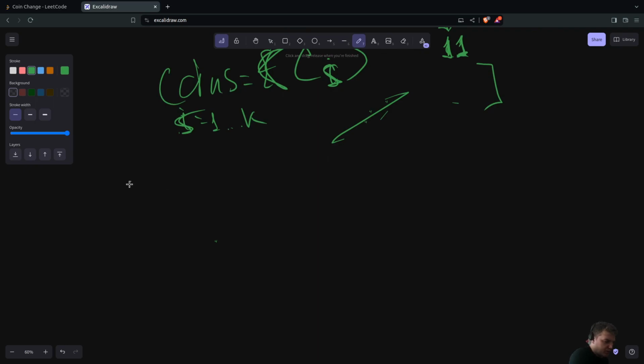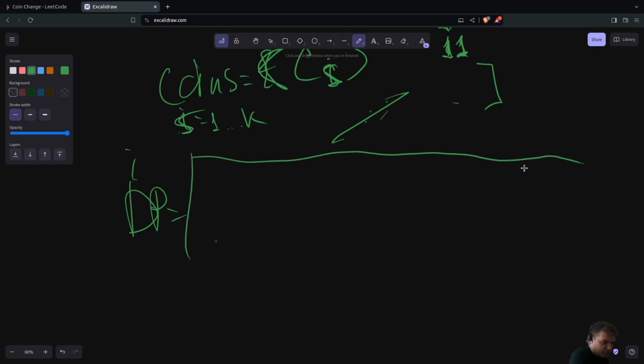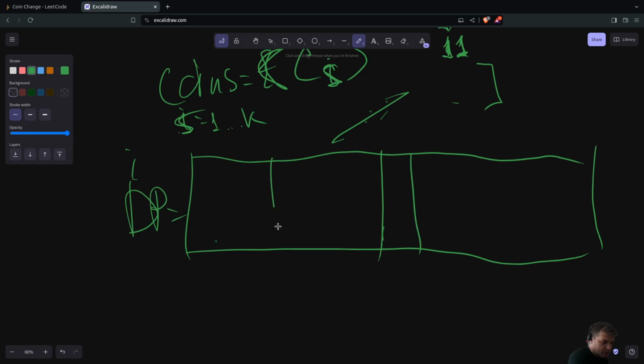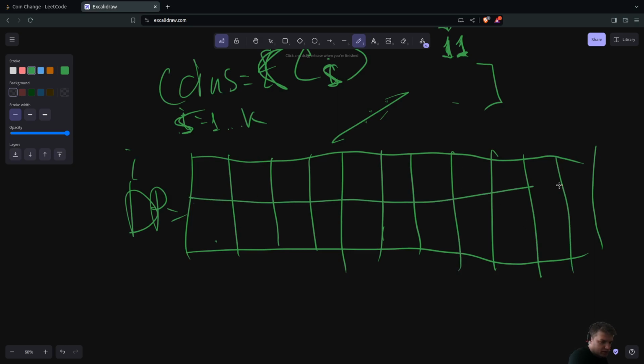So the dp array, where i goes from 1 to 11. Let's split it like here, and amounts 0, 1, 2, 3, 4, 5, 6, 7, 8, 9, 10, and then let's add another one, 11.